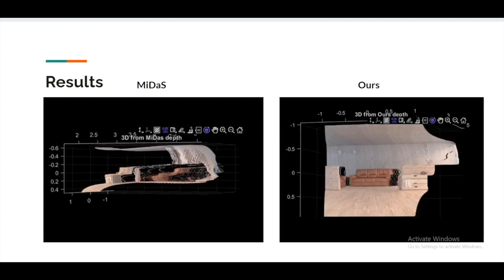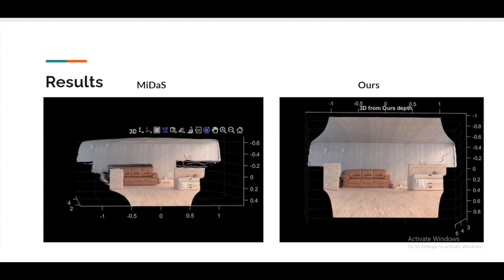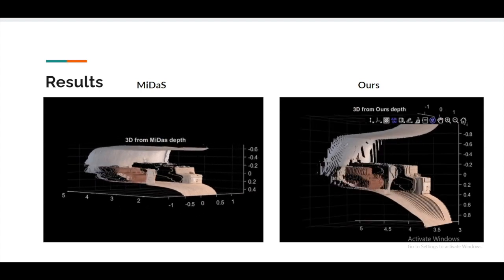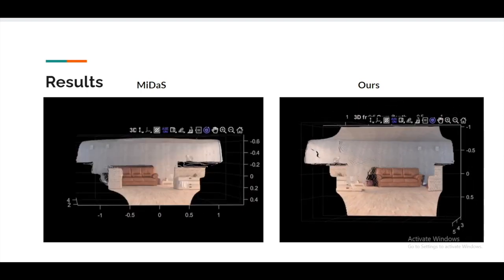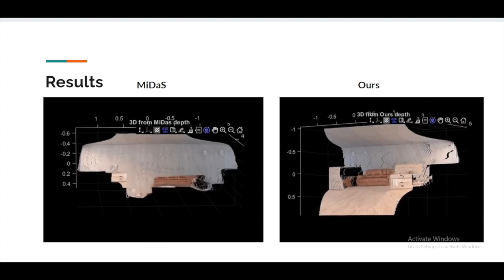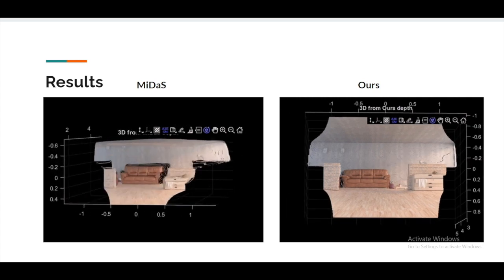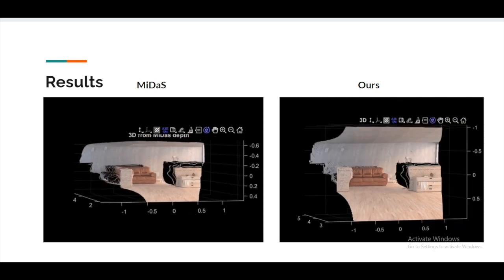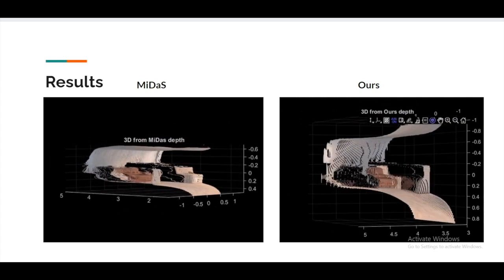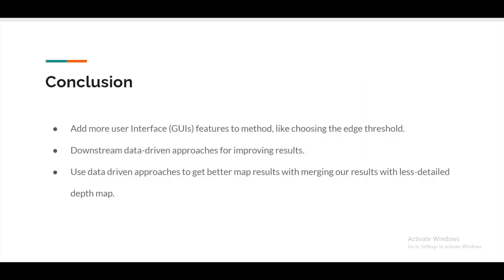As another example, we can look at this 3D representation of this room, and we can see that, for example, in the small front wall, our method is able to preserve its consistency, while the MiDaS method has broken it into different parts.